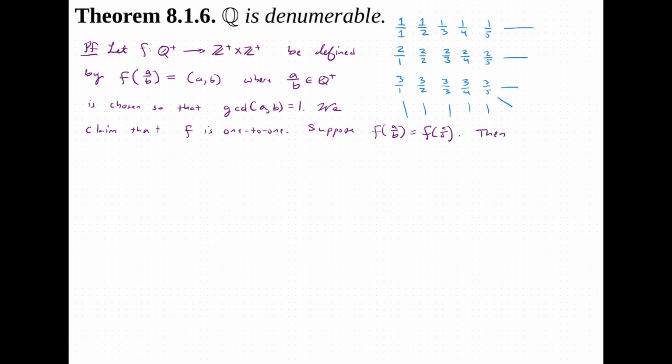Then we end up getting that the ordered pair a comma b is equal to the ordered pair c comma d, which is equivalent to a is equal to c and b is equal to d, and thus a over b is equal to c over d, which shows that f is injective.